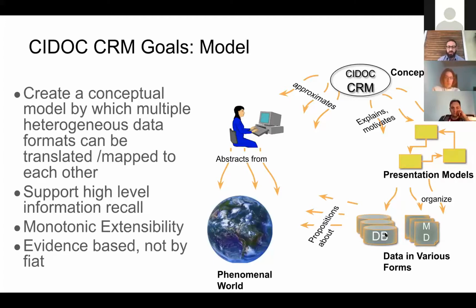And our evidence is data structures from the cultural heritage field, and data visualizations, data input forms, and that sort of thing, which we study to understand the kinds of statements that people are trying to make about different kinds of objects in the world in the study of cultural heritage, in the documentation of cultural heritage.